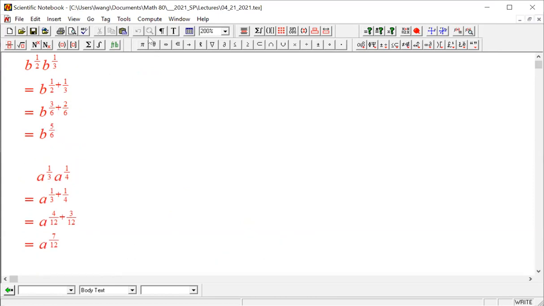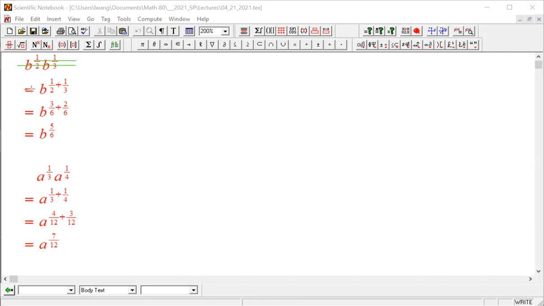Hope this is clear. What I want you to emphasize is that when you write these expressions, make sure your half and third are not at the same level. If this is the level of b, you can see the exponent is a little bit above, on the next level.